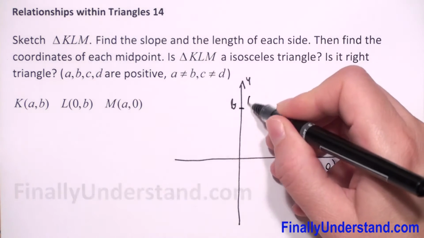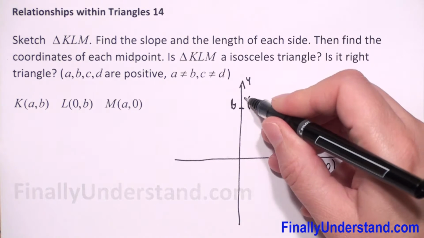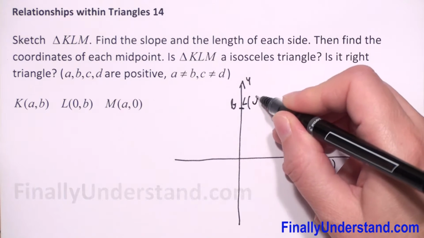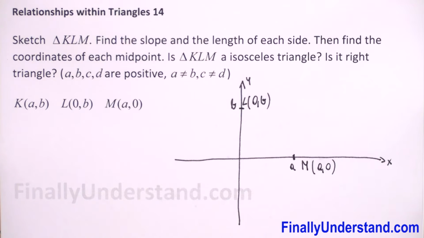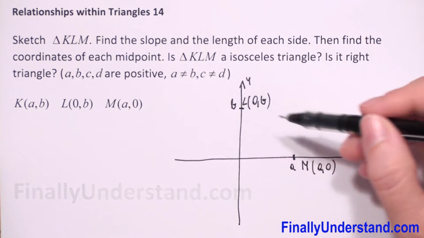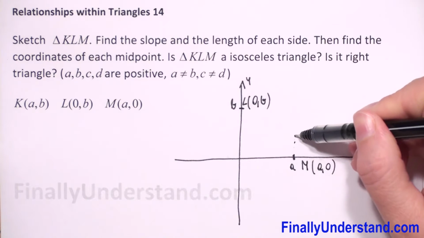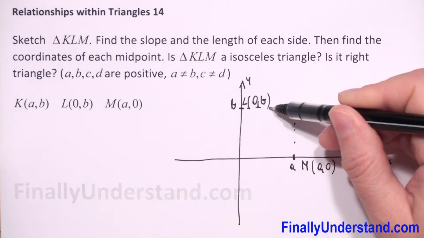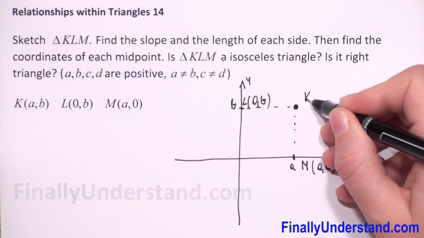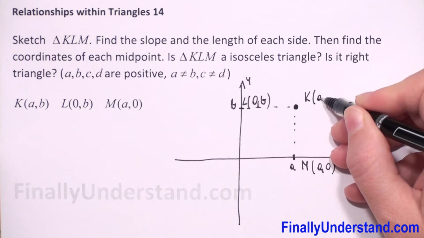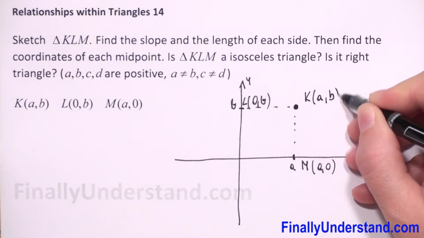So this point L has coordinates (0, B), and the third point is K (A, B). So A we have already, this is our A and B. So here is our K point, with coordinates (A, B).